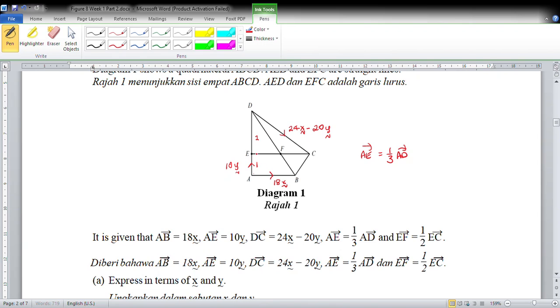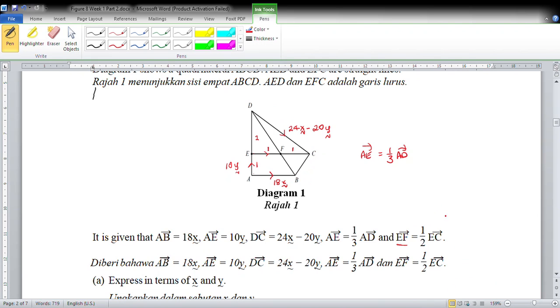So AE here is 1 over 3 of AD. Okay, so we need to understand that. And then the next part here is EF is half of EC. So E to F is half of EC, meaning this is equal, right? Half of it. Okay, so this is what information is given in the question.